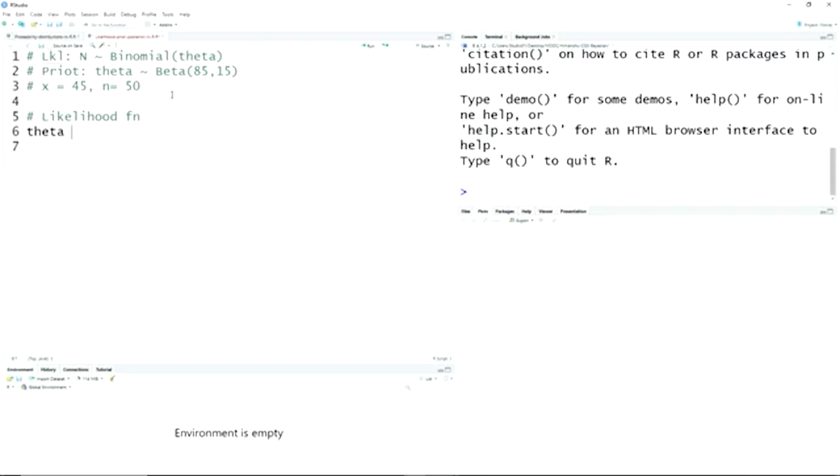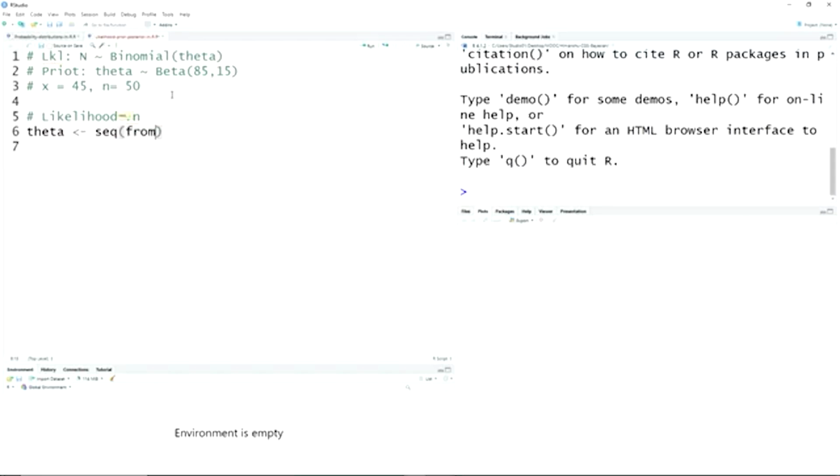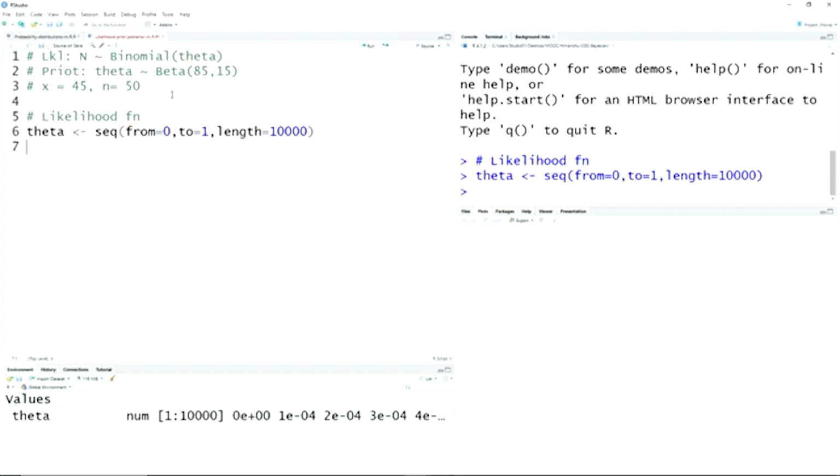So we will create a large vector of different values of theta. One way is to create a sequence of values of theta from 0 to 1, because theta can vary between 0 and 1. How many samples do we want? Let's say 10,000. So we have created 10,000 samples of theta between 0 and 1.